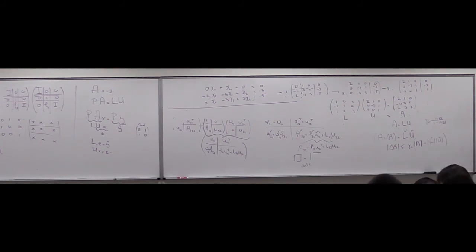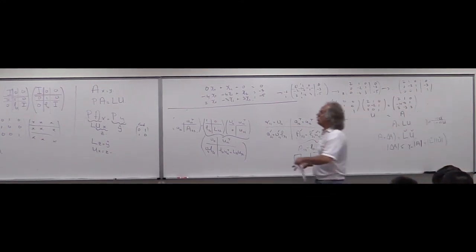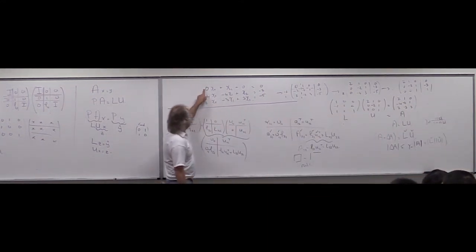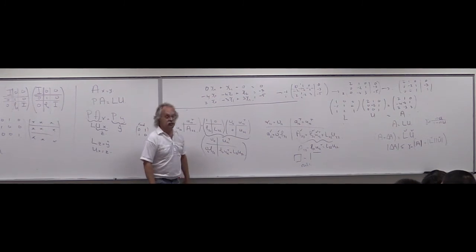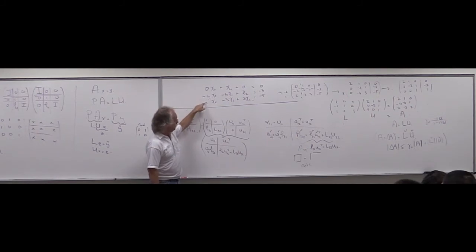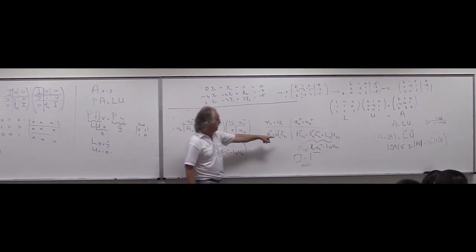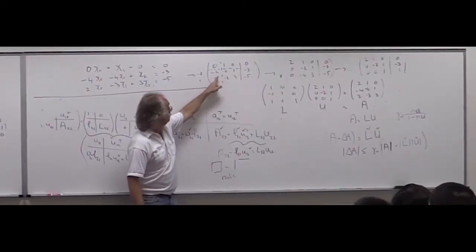Now, let's reason through what might happen to these entries here. Okay? We're doing Gaussian elimination. We encounter a 0. We divide by 0 to create the entries in L. Okay?